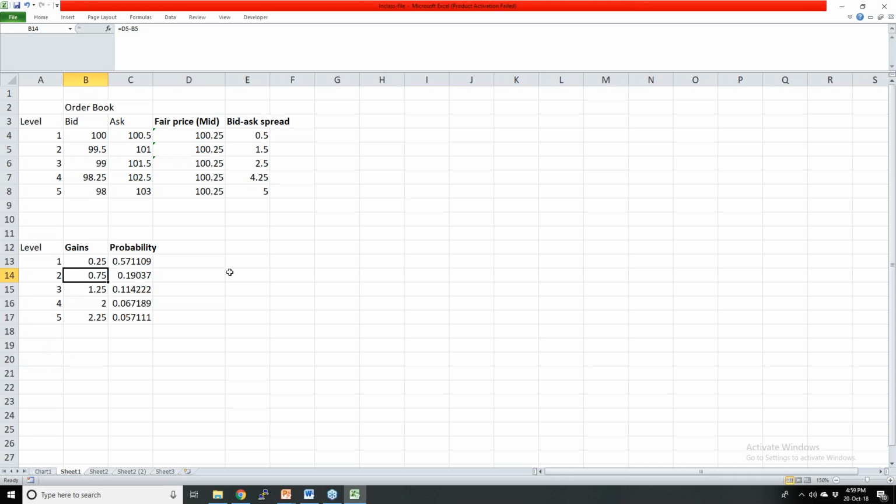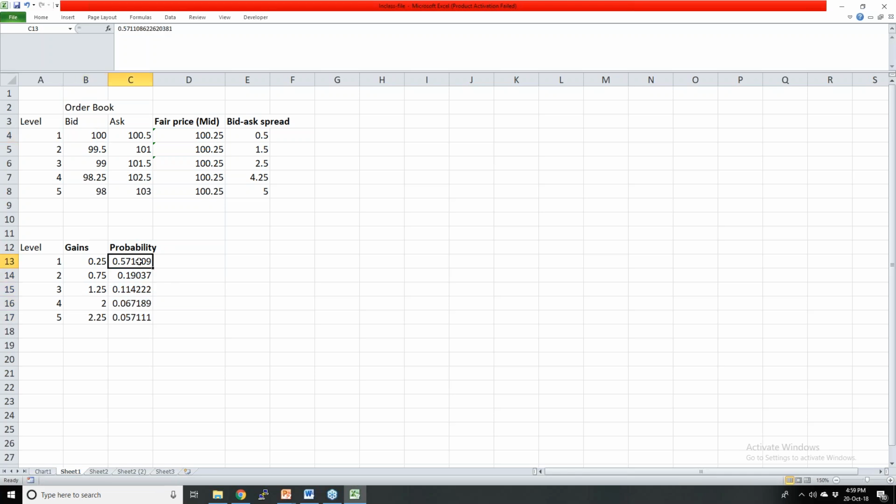If you get traded at level 2, at 99.5, your gain is 0.75. If you get traded at level 3, your gain is 1.25 and so on. And then there is a certain probability attached.